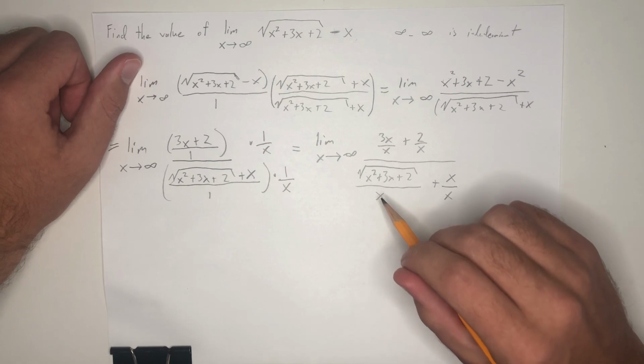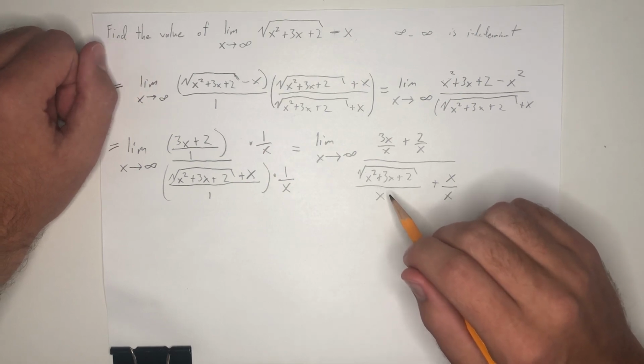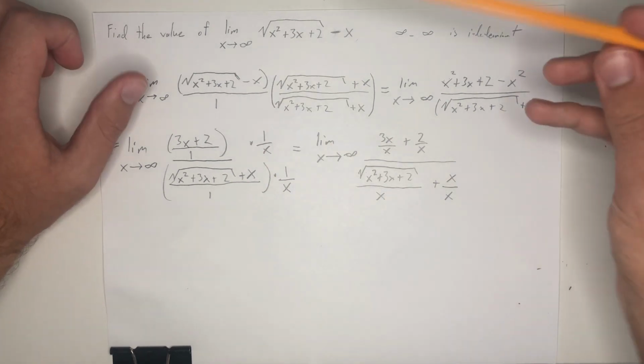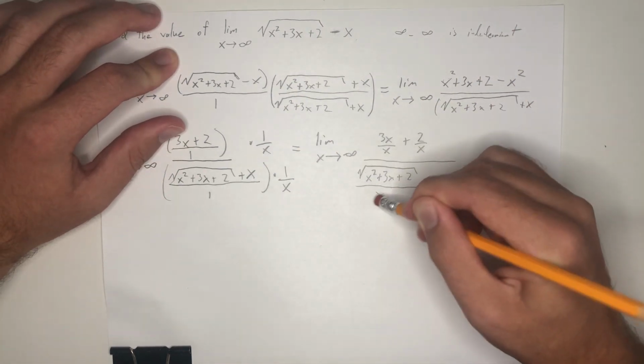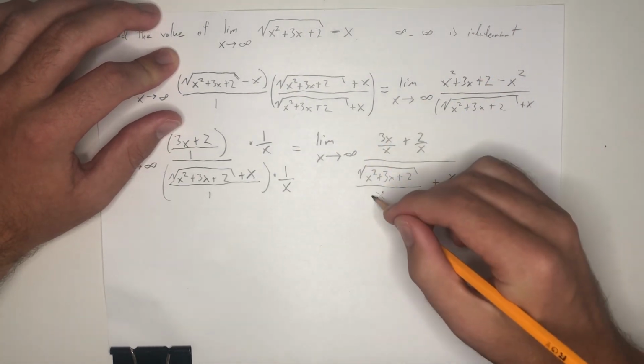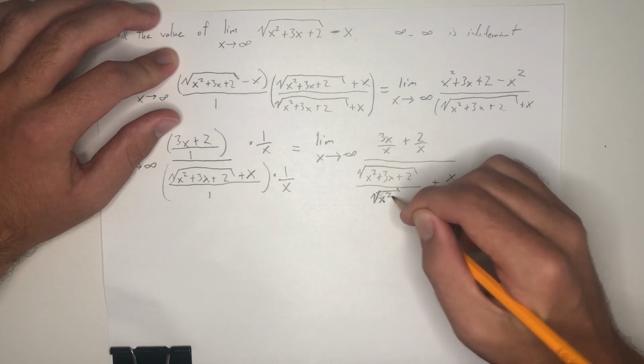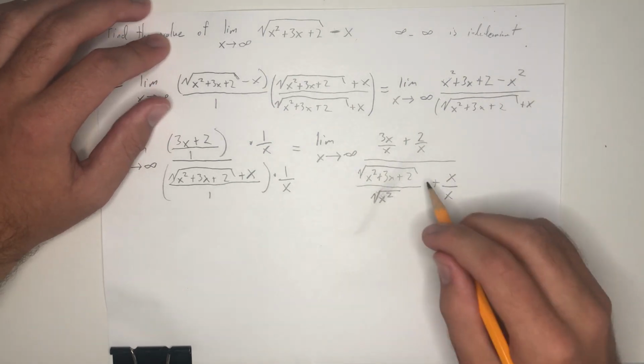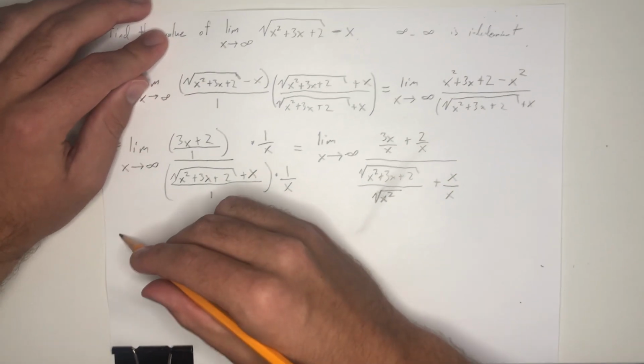And then the easiest thing to do right here is to say that this is equivalent to the square root of x squared. So we can do the divide within there.